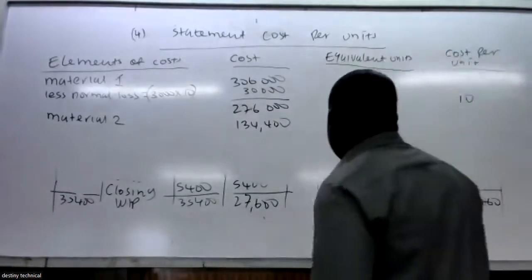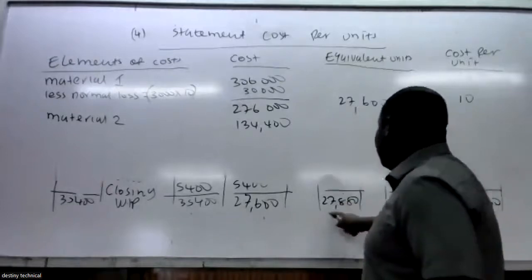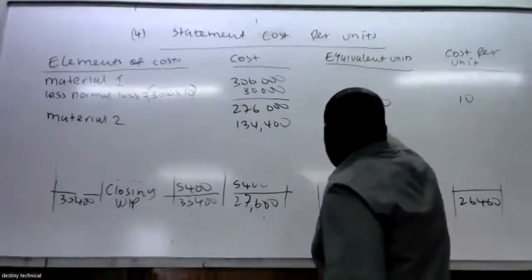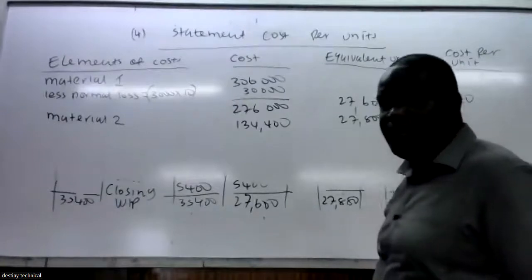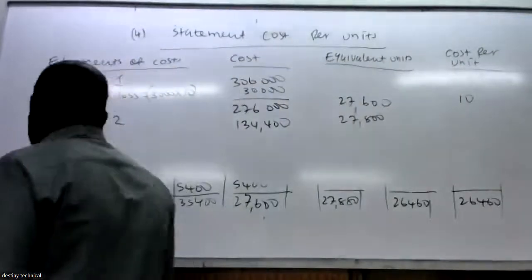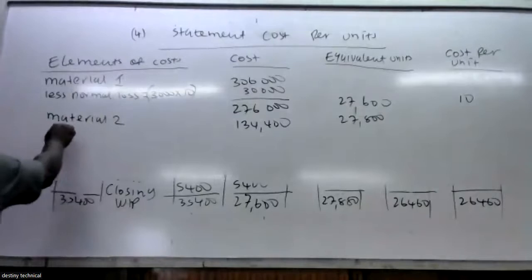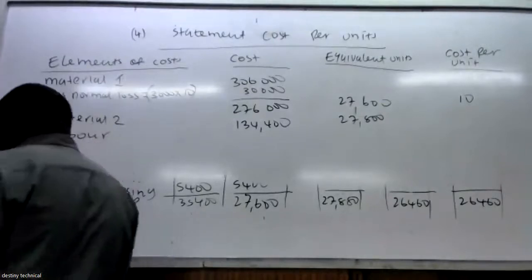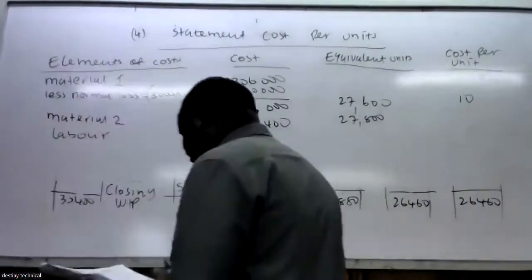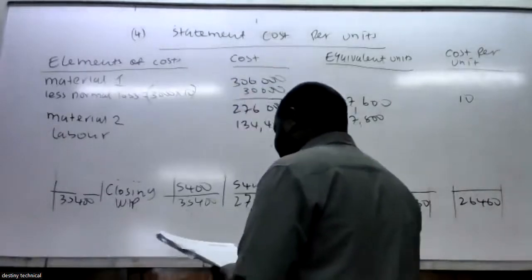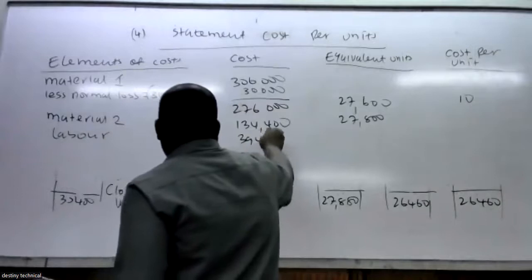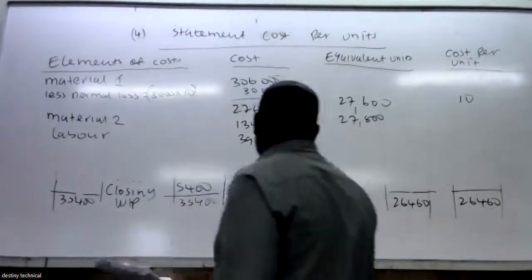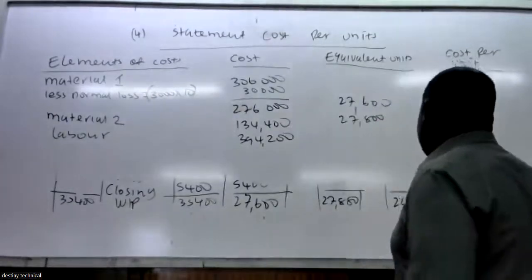So equivalent units are these ones, 27,880. The next one is labor. Labor, you are given a figure of 394,200.